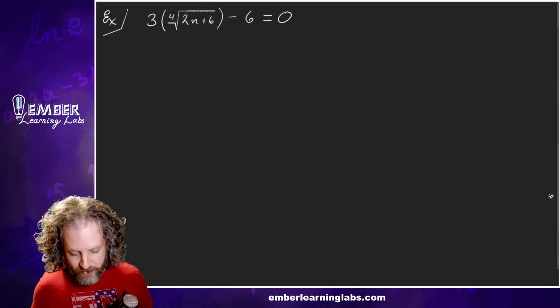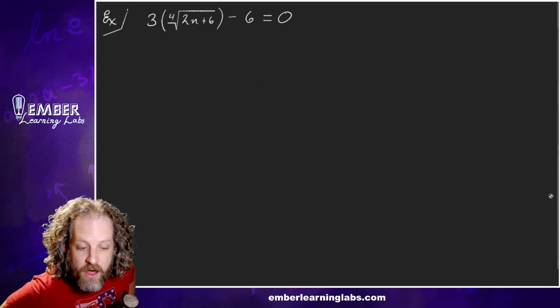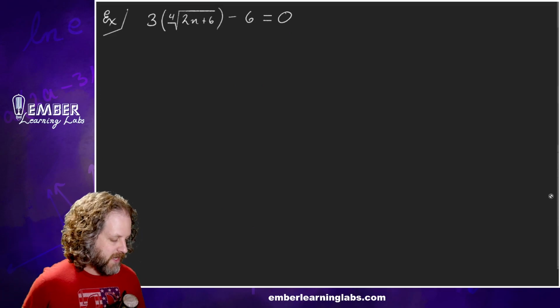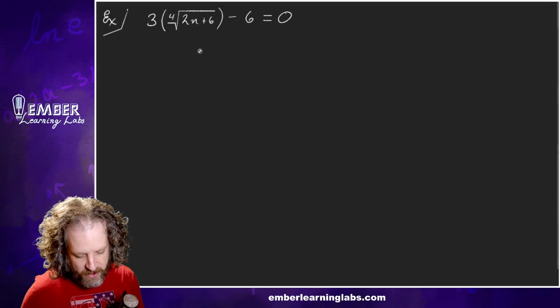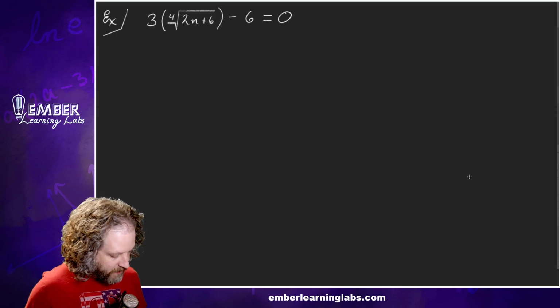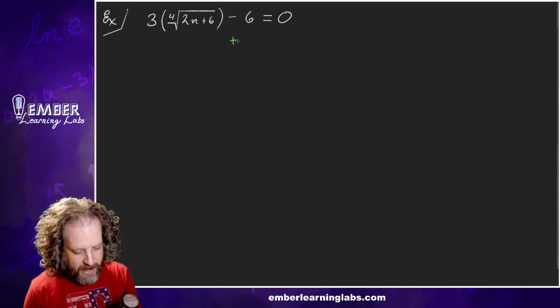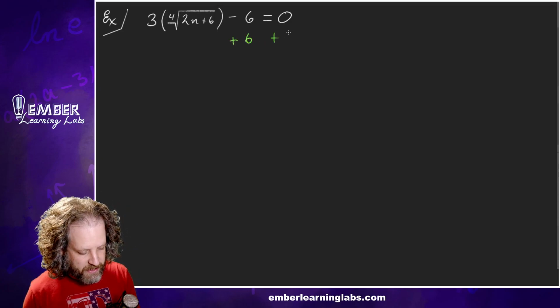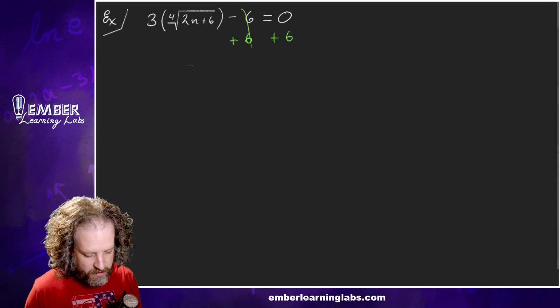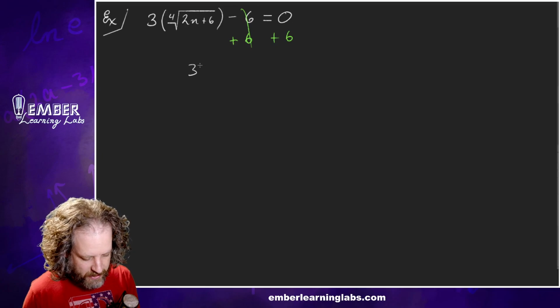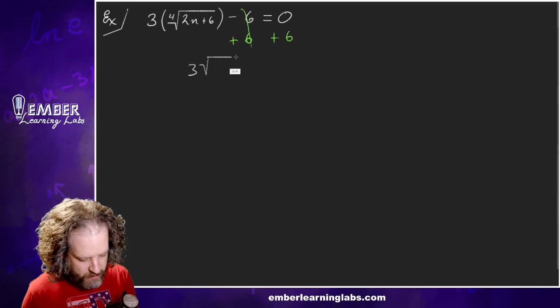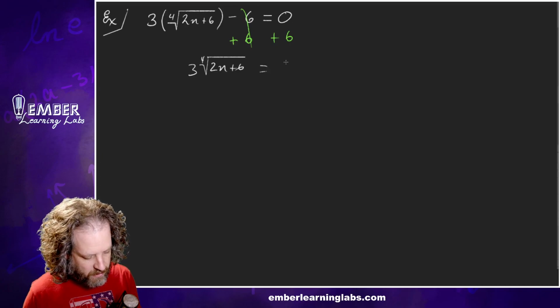We got 2 more. This one an inequality, and then we are through with this lesson already. All right. So we're going to isolate the radical, right? We've been doing the same. We're going to add 6 to both sides. Plus 6, plus 6. So we end up with 3 times the 4th root of 2n plus 6 equals 6.